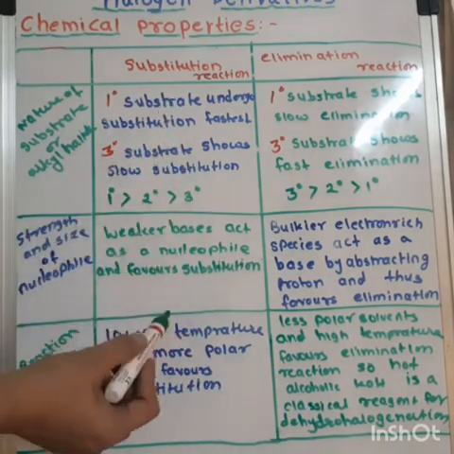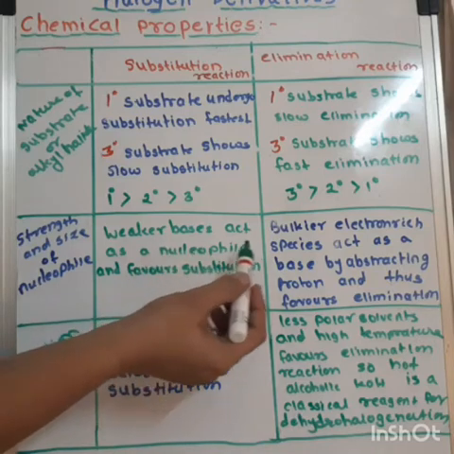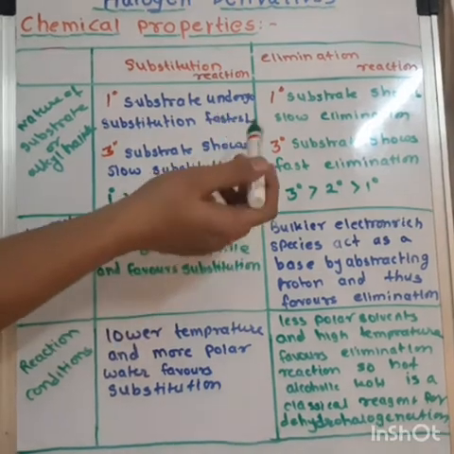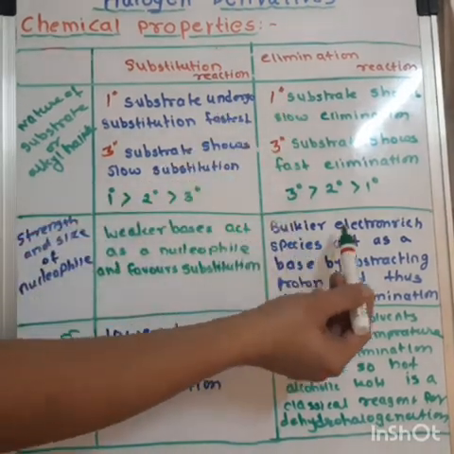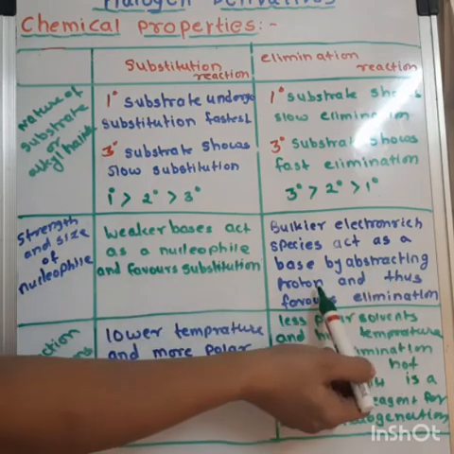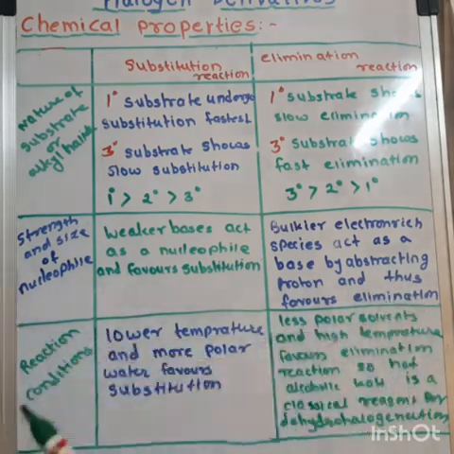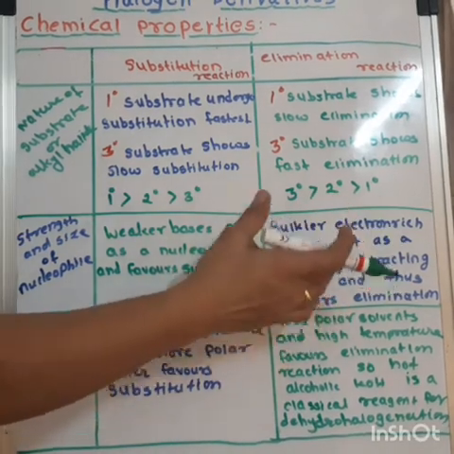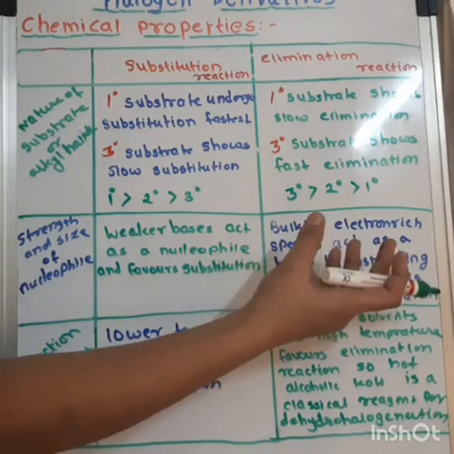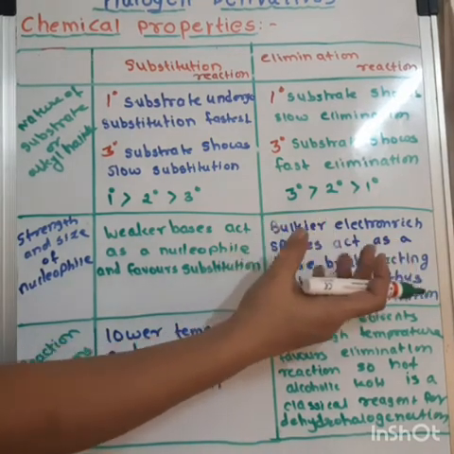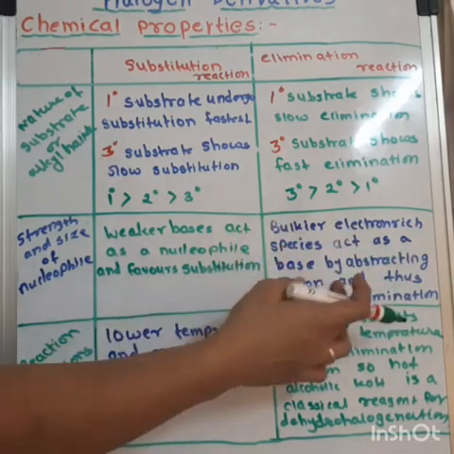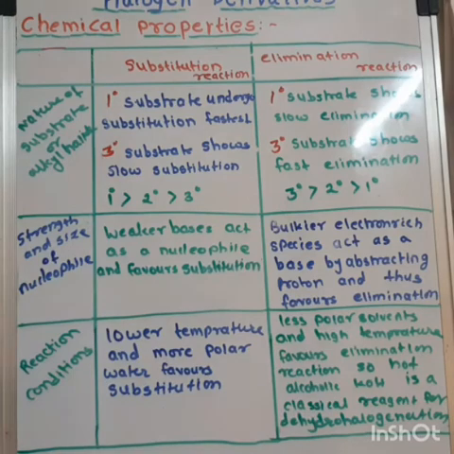In elimination reactions, bulkier, electron-rich species act as a base by abstracting a proton, and thus favor elimination. That means they abstract a proton and favor the elimination reaction.